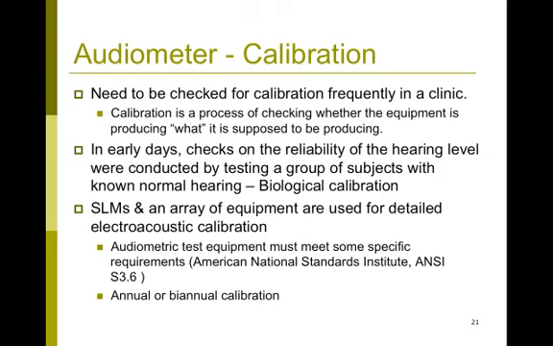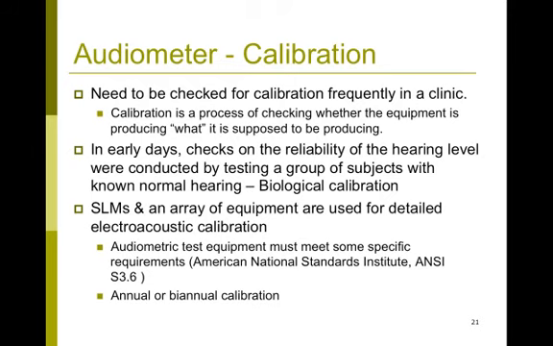One thing you need to make sure is that the equipment you use is reliable and accurate, and you do so by calibrating the equipment frequently. Calibration is the process of confirming whether your equipment is producing what it's supposed to.